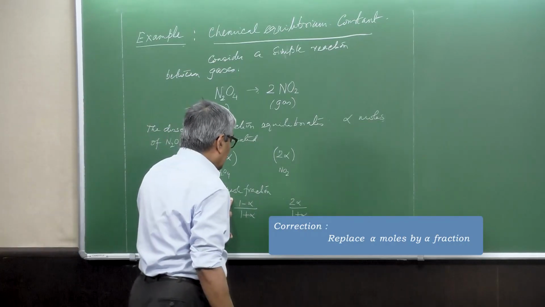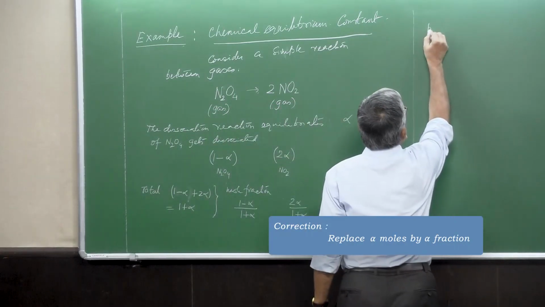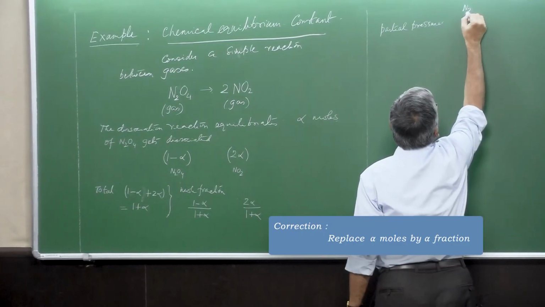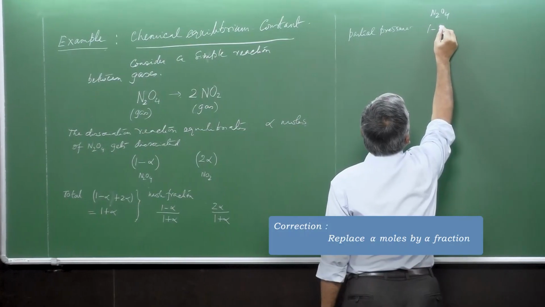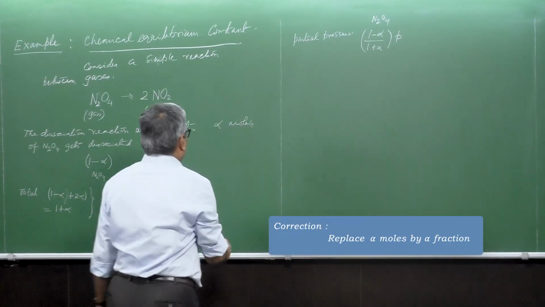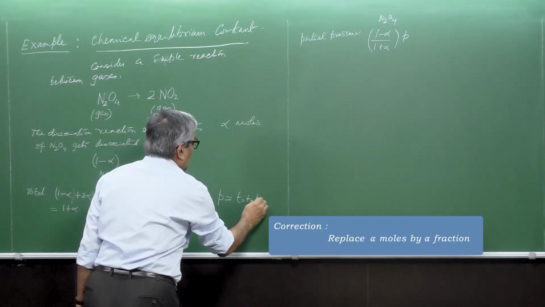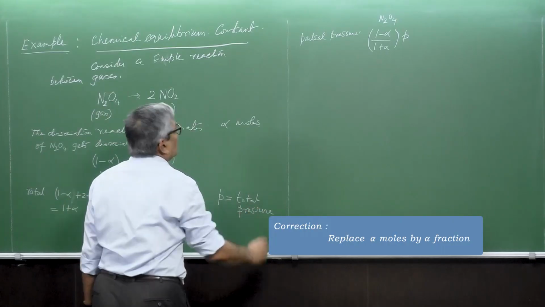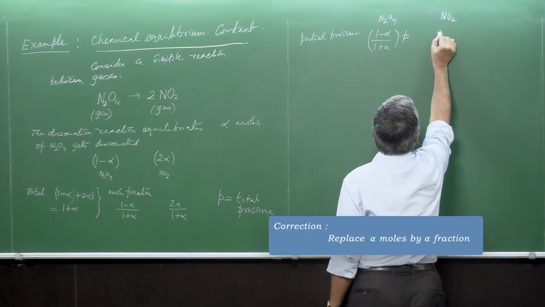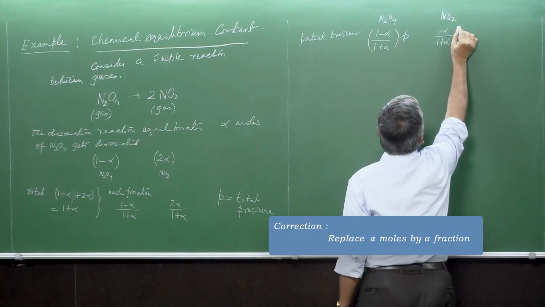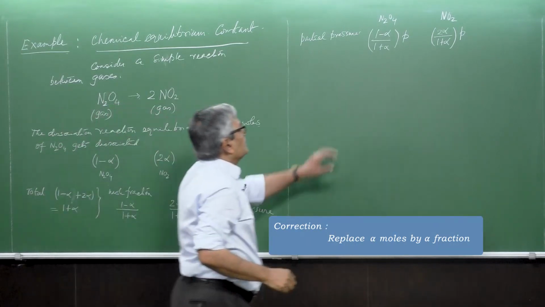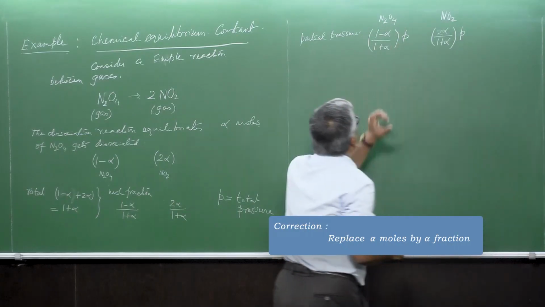That means the partial pressure for N2O4 is 1 minus alpha by 1 plus alpha times P, if P is the total pressure, and for NO2 we have 2 alpha by 1 plus alpha, the mole fraction, times P, which is the partial pressure.